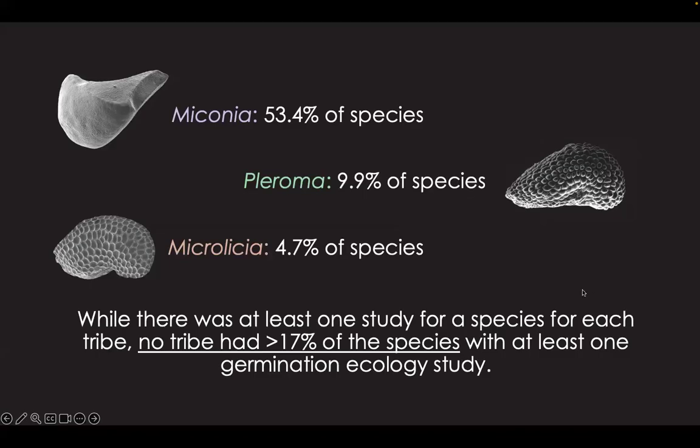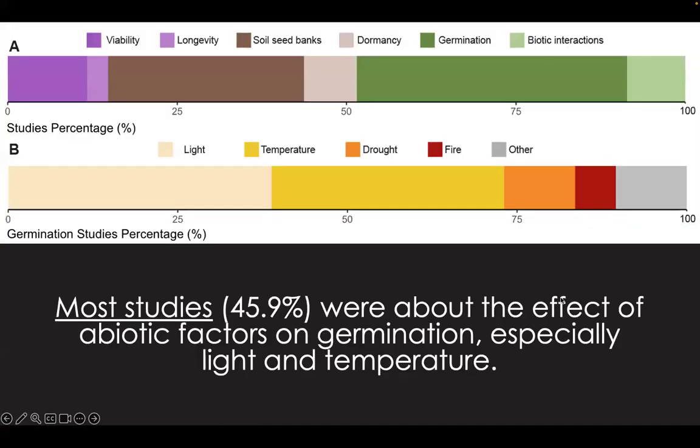So yes, we have a huge phylogenetic gap, as you can see. And when we start to classify these different germination ecology studies, we see that nearly half of the studies carried out to date are mostly lab experiments on the effect of abiotic factors on germination, especially, as you can see, light and temperature.